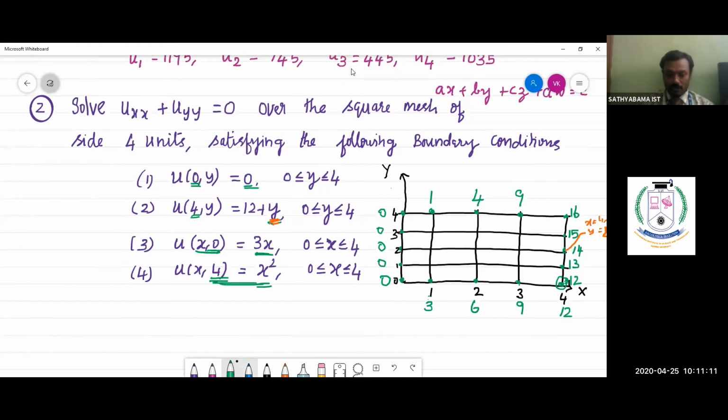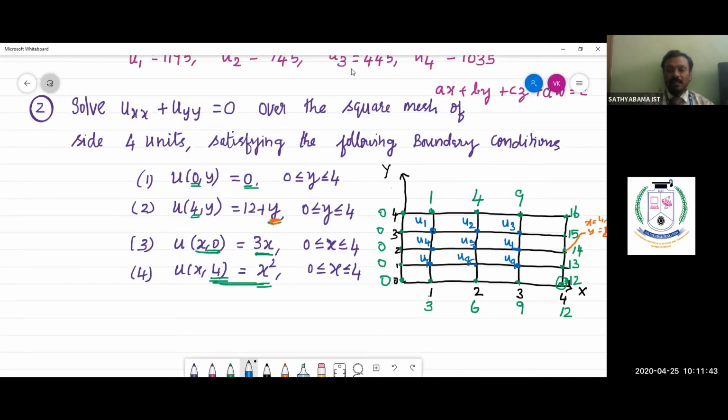The solution to this equation is, that is, our aim is to find the value at these mesh points u1, u2, u3, u4, u5, u6, u7, u8 and u9.